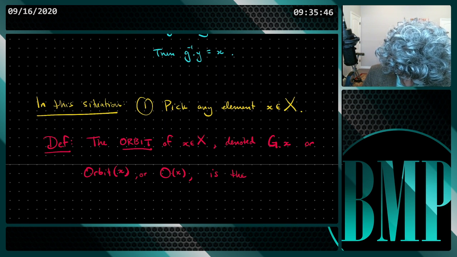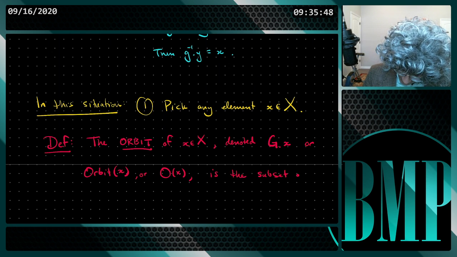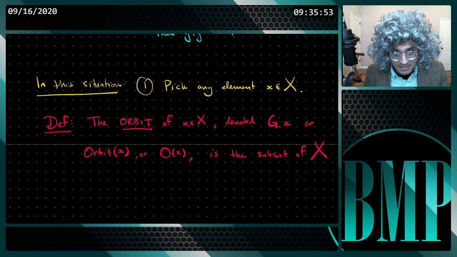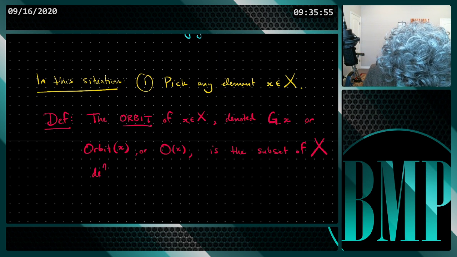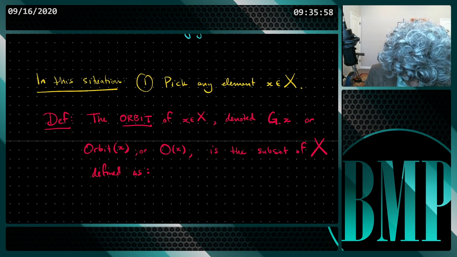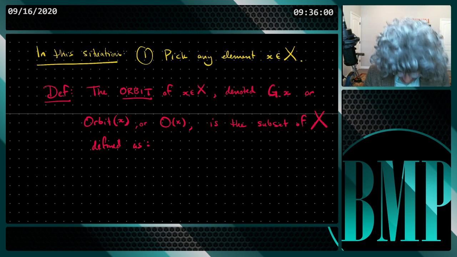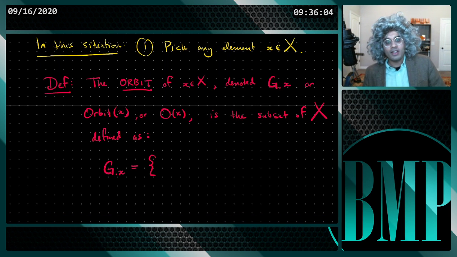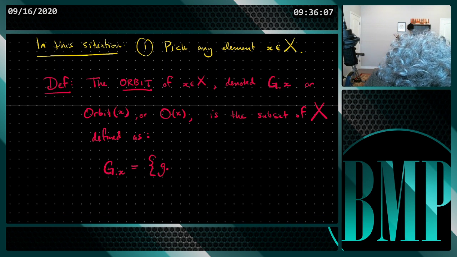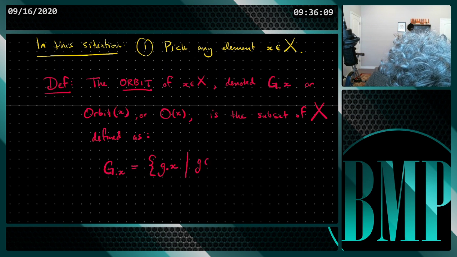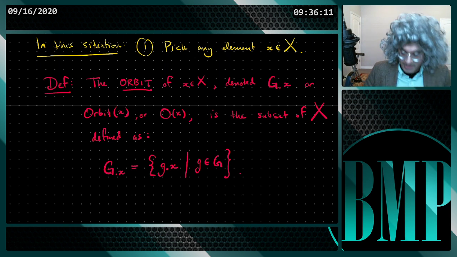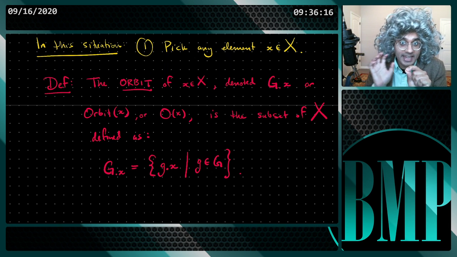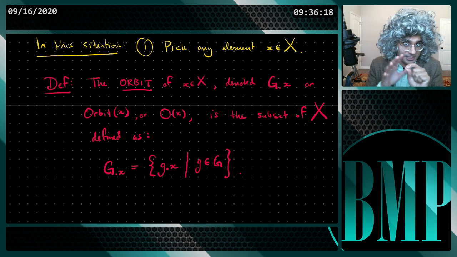is the subset of the set that's getting acted on, a subset of X, defined as follows. G dot x is the set of all elements that are obtained from little x by hitting little x by all elements of the group.